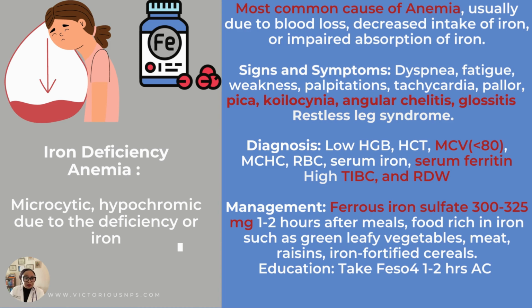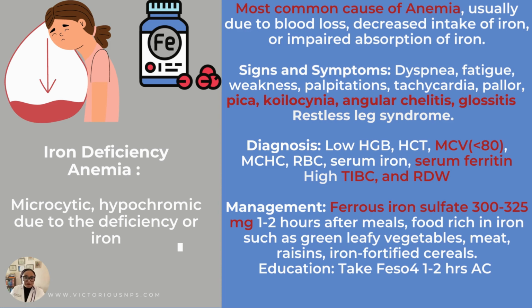From our previous videos, I mentioned that your ferritin is your storage. Your iron storage in the serum is your ferritin, while your transferrin is your transport in the serum, that transports your iron, and it's synonymous with your total iron binding capacity.